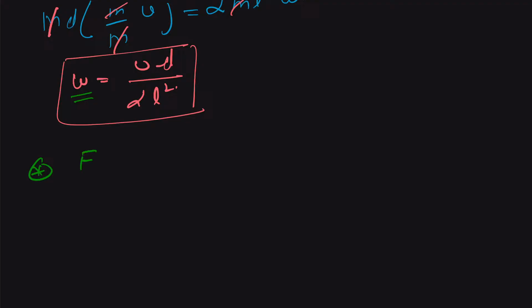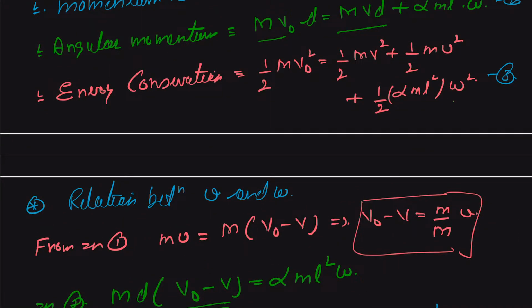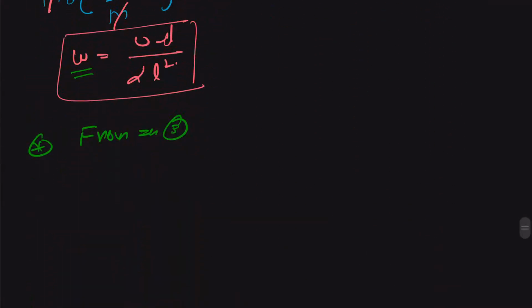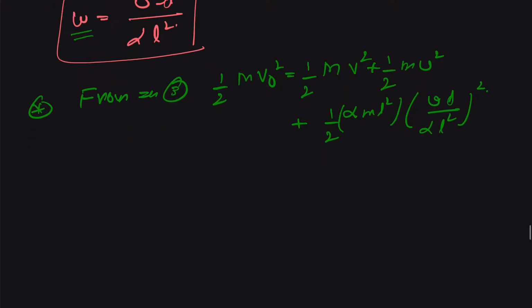From equation 3, we have half m v naught square is equal to half m V square plus half m small v square, plus half alpha m L square times (v d upon alpha L square) whole square.